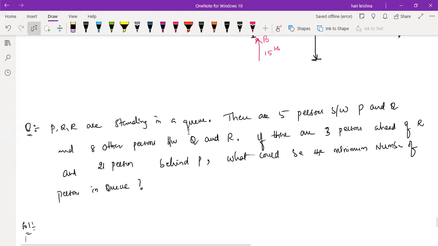Yes, sir, 1 minute. Three persons are standing in the queue, and there are 5 people between P and Q, and 8 persons between Q and R. If there are 3 persons ahead of R and 21 persons behind P, what could be the minimum number of persons in the queue?